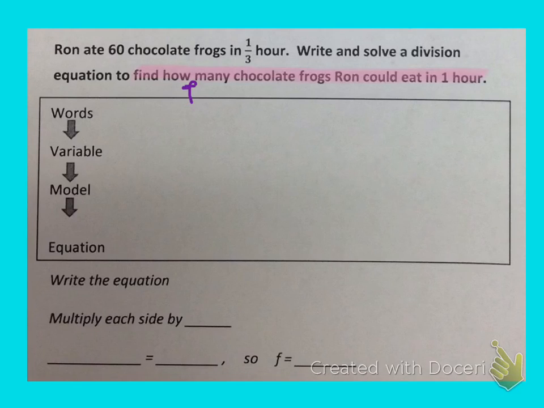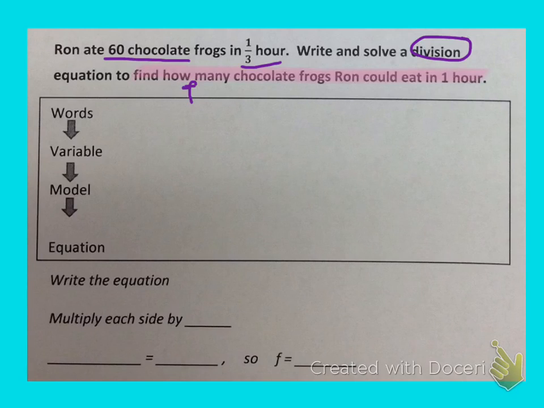And then if we look at the rest of the problem, we see he can eat 60 chocolate frogs in 1/3 of an hour. And it tells us to write and solve a division equation. So we need to have a division sign or our variable over a number showing that we're dividing in the equation.